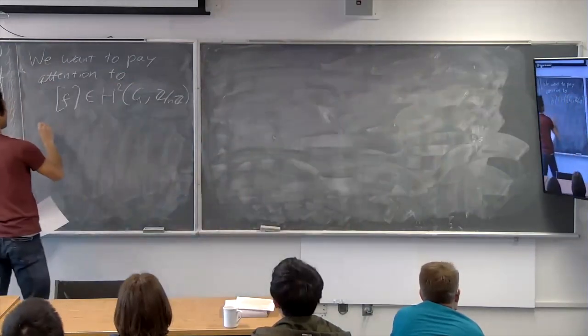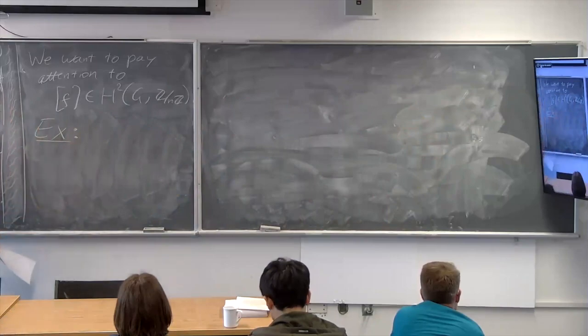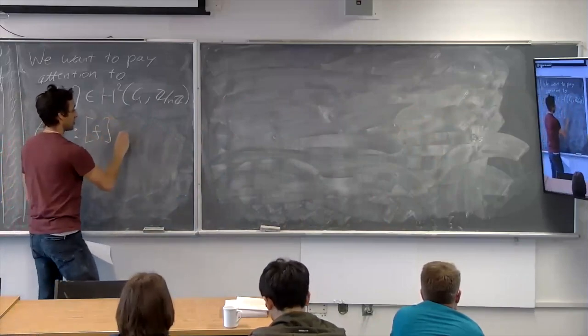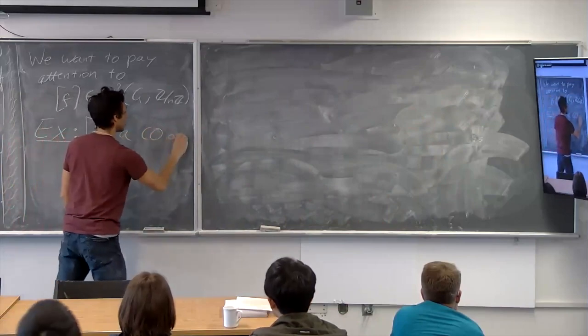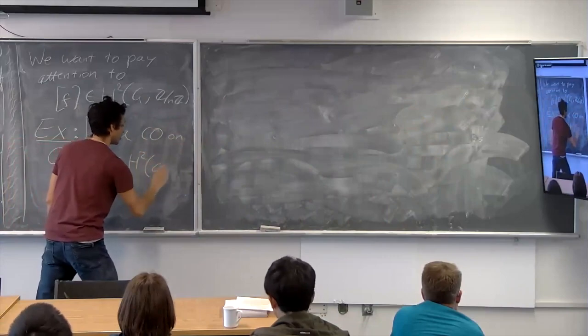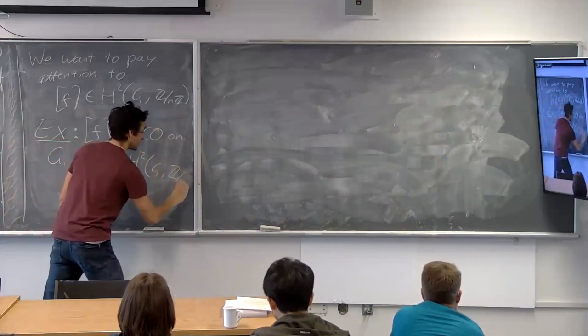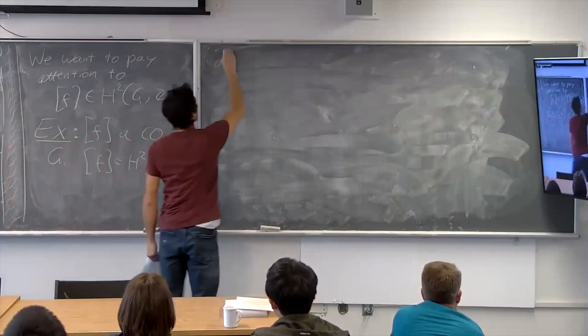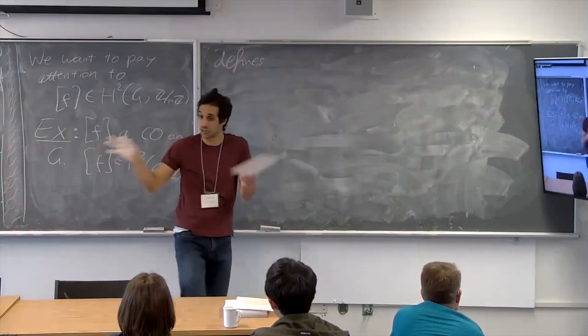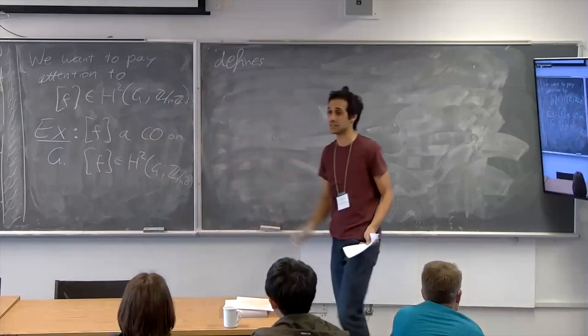All right, so the first exercise is that F, a circular ordering on G, CO on G, F in H2 with coefficients in Z mod NZ, defines a central extension just because of the correspondence between H2 and central extensions.